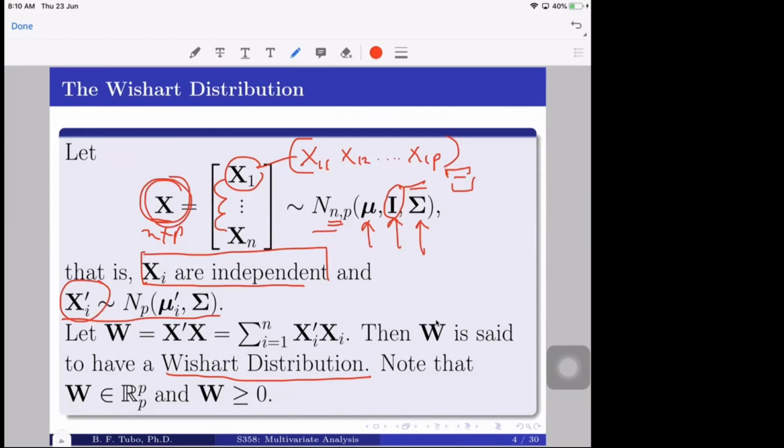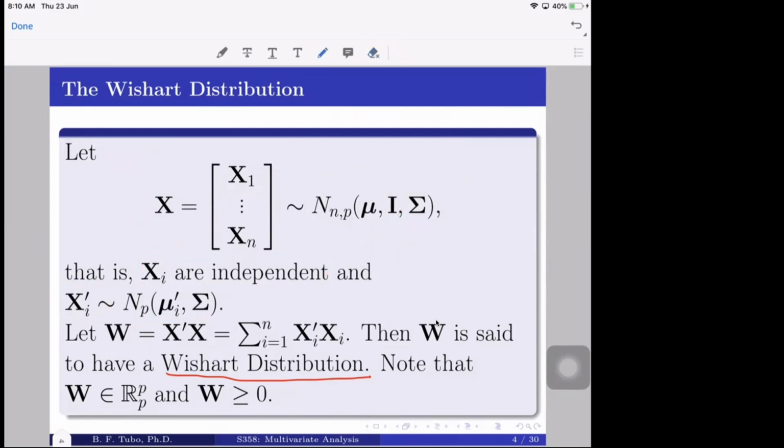Now we define a new random variable W, which is X prime X. So X prime X will be something like this. X prime will be x1, x2. Now take note that these are vectors.